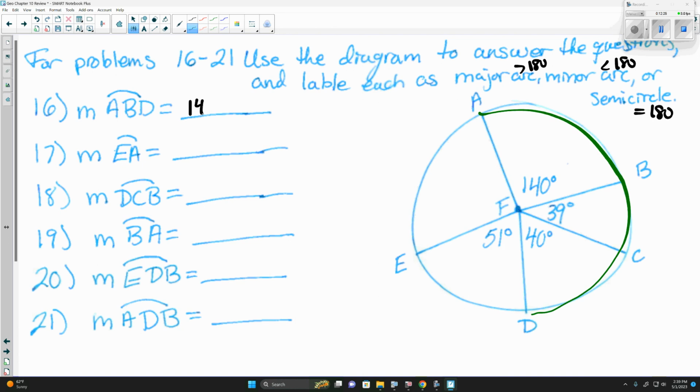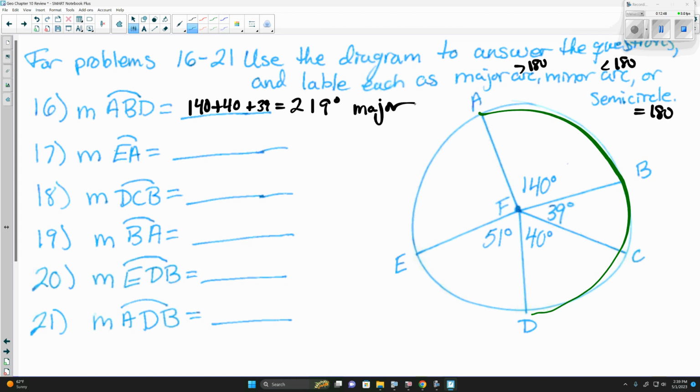So we'd say 140 plus 40 plus 39, which would be 219 degrees, and this would be major. And that's it.